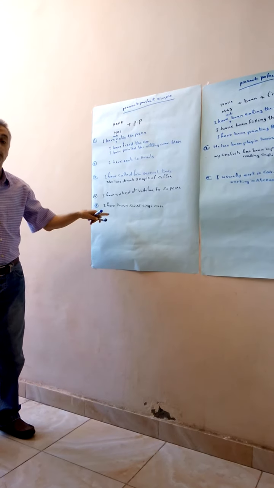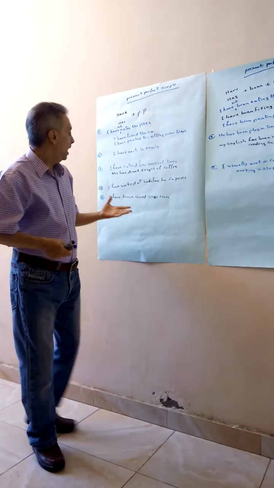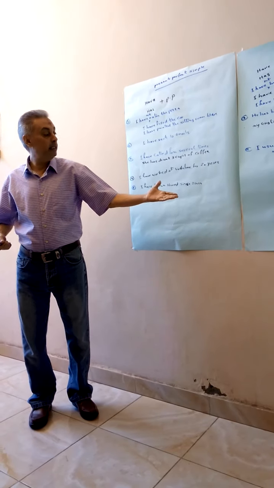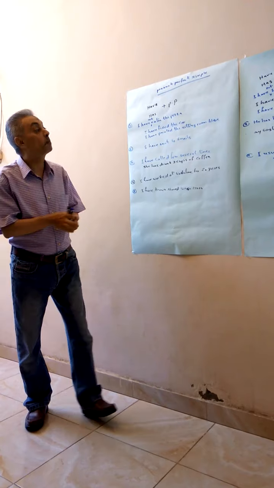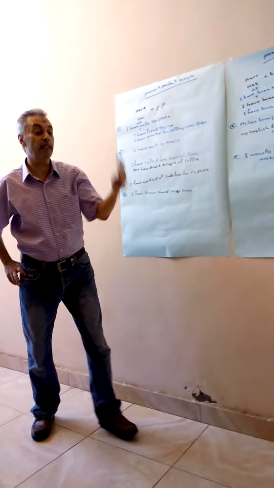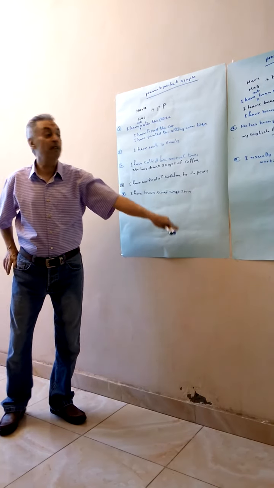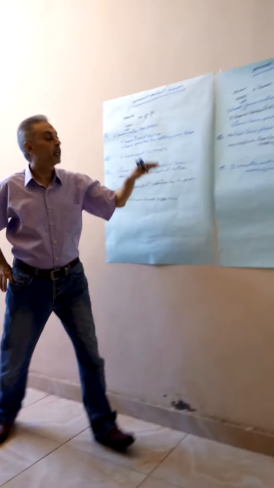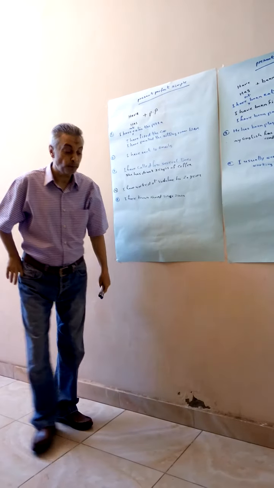It's a state verb. But we cannot say, I have been knowing Ahmed since 2010. We cannot use stative verbs with present perfect progressive. So the last difference is we can use both action verbs and stative verbs with present perfect simple, whereas we can use action verbs only with present perfect progressive.